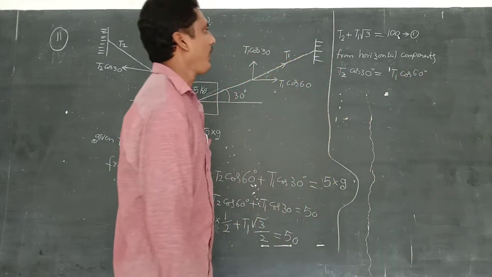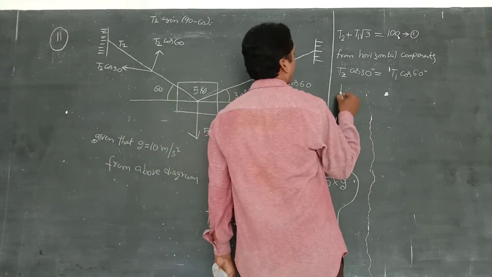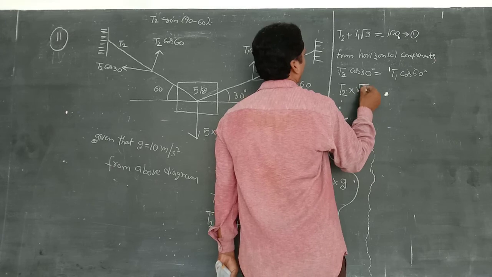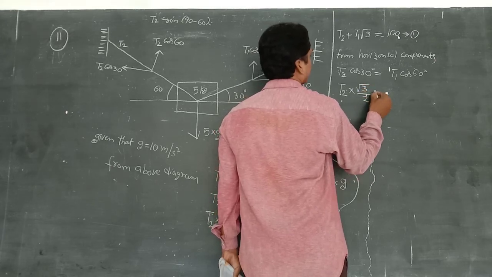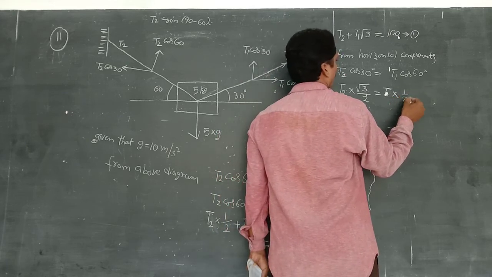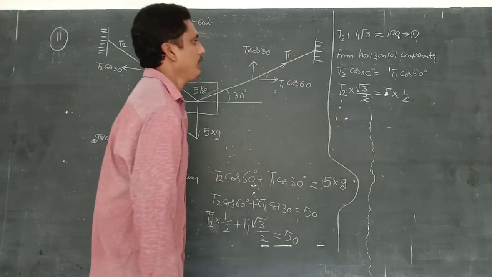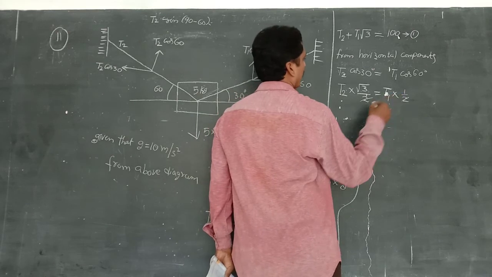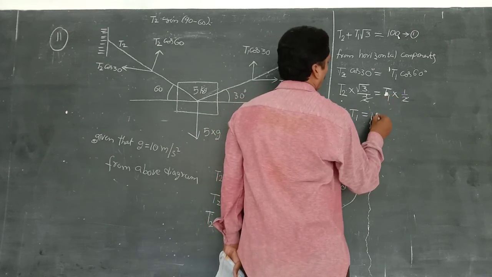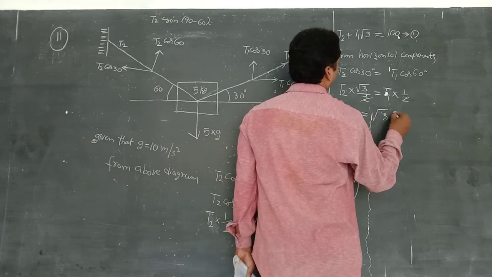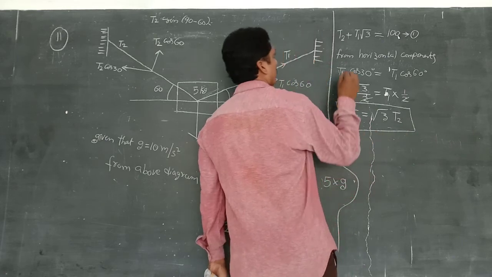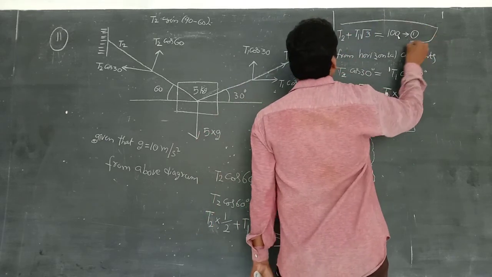We know that cos 30 is equal to root 3 by 2. So T2 into root 3 by 2 is equal to T1 into 1 by 2. The halves cancel. Therefore T1 is equal to root 3 into T2. This is equation 2.